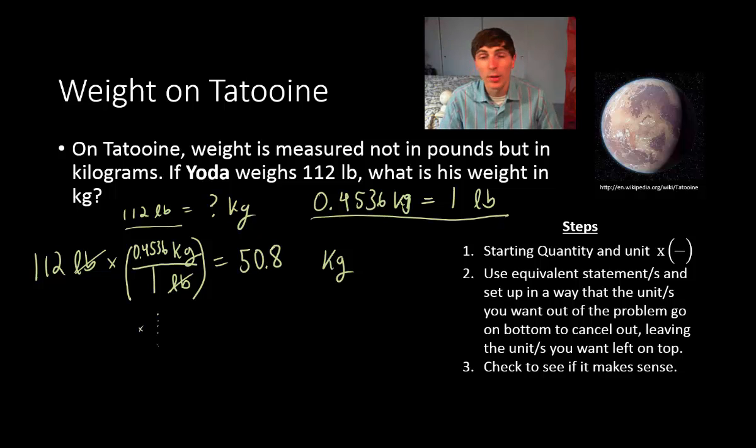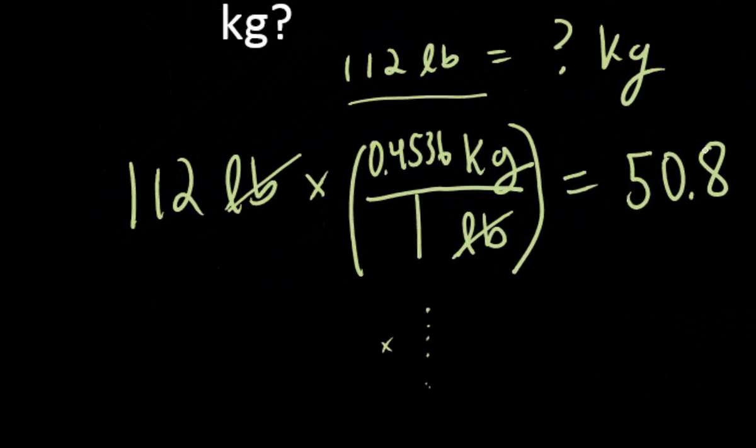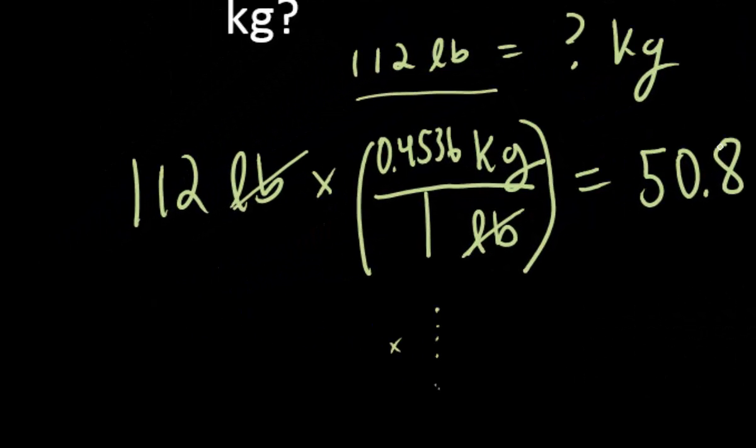50.8 kilograms. Now, I'd like you to take special notice here: sig figs. I start with 3. Yoda knows his weight in pounds, 3 sig figs. And I look at this equivalent statement, and I want you to assume that all equivalent statements are chart values.